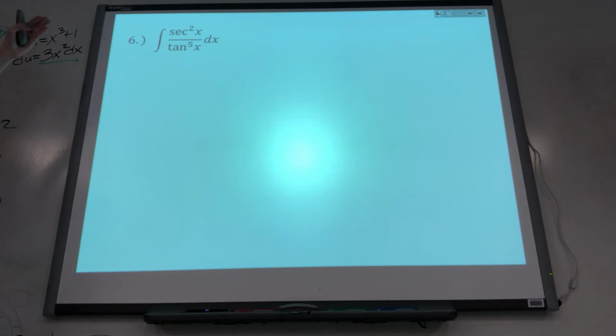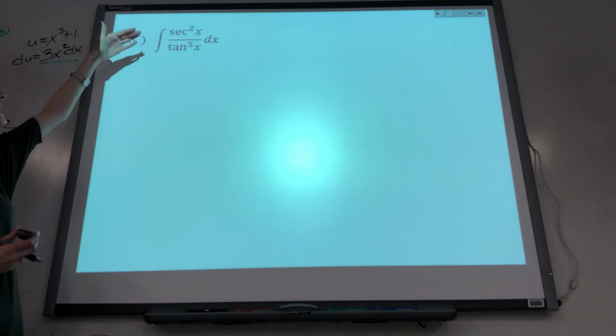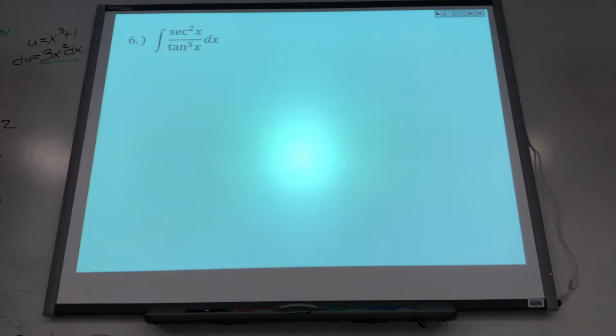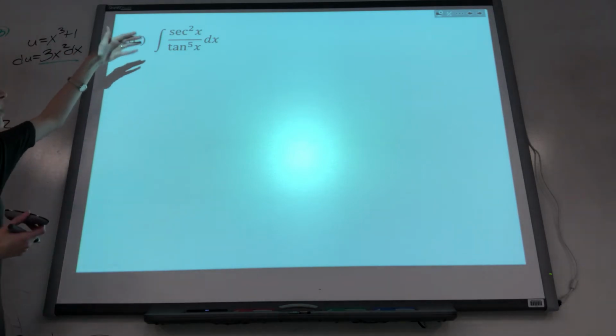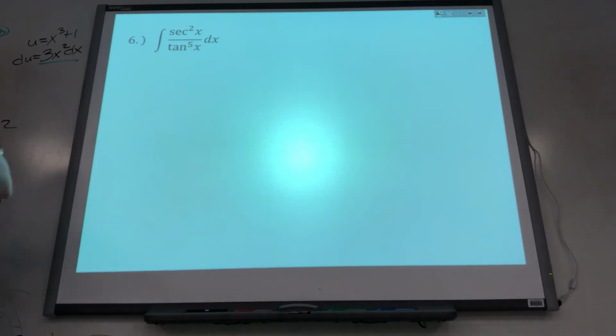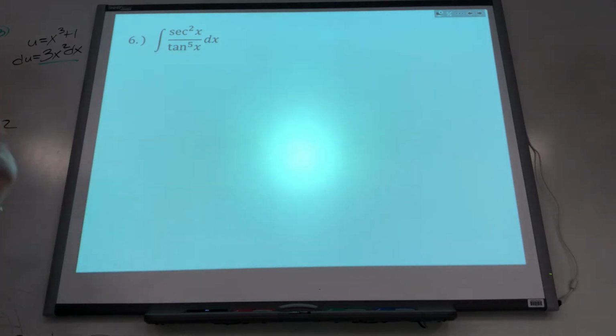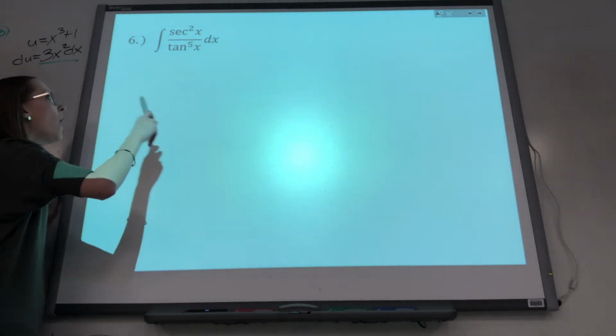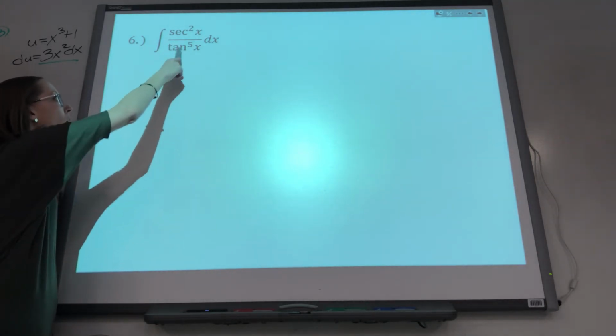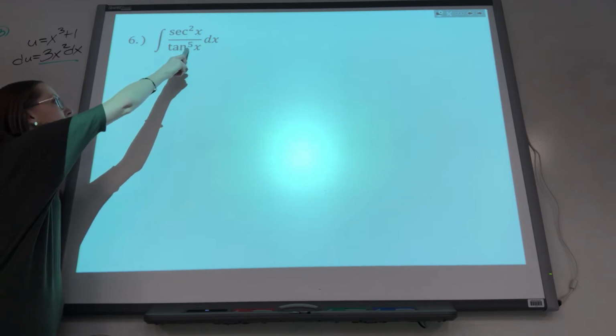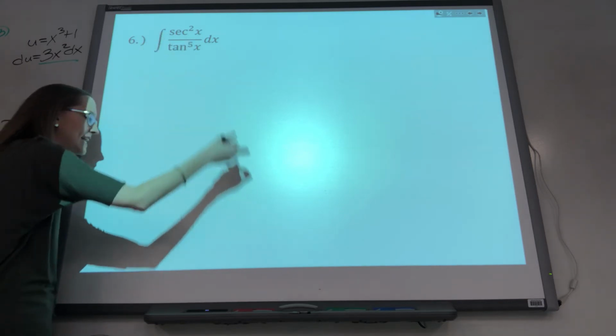Now, there are 2 trig functions here. We've got secant squared, we've got tangent to the 5th. Remember, if you're having trouble deciding which part to let u equal, I'm not really seeing parentheses here or radicals or anything like that. Always go with the part that is a little bit more complicated.